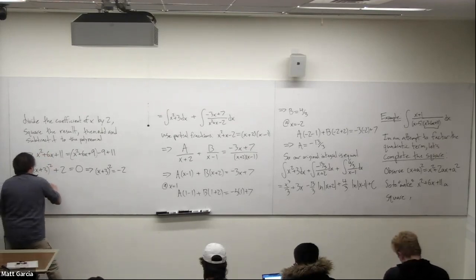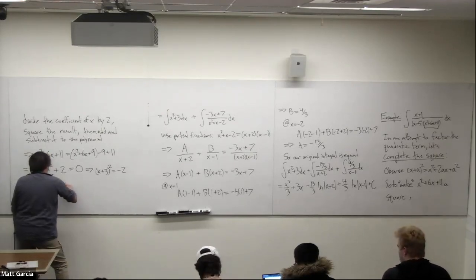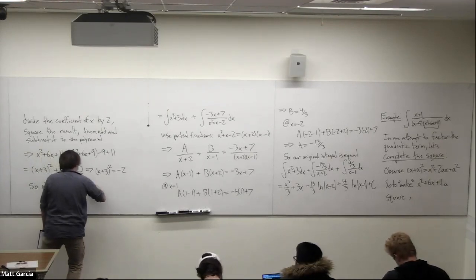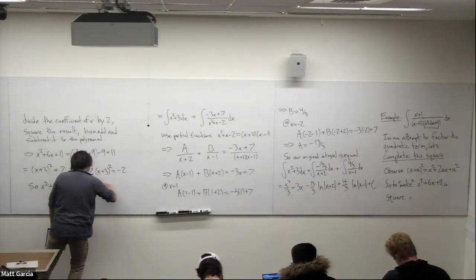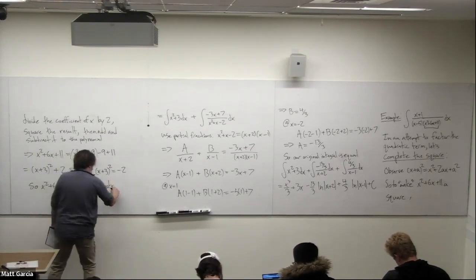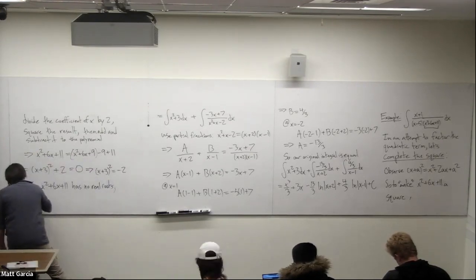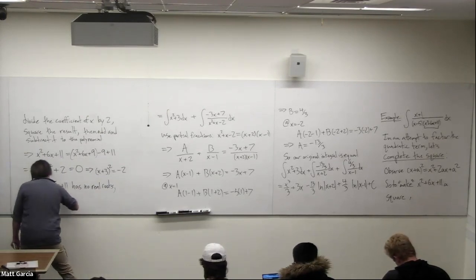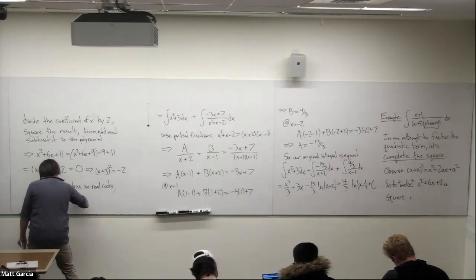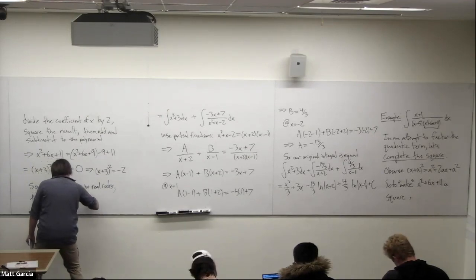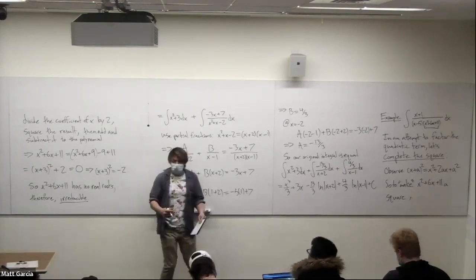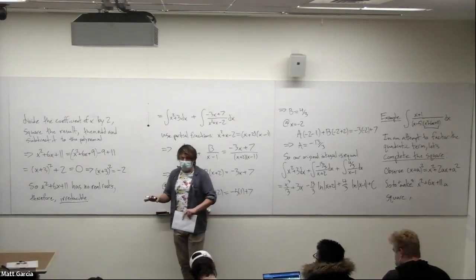So x squared plus 6x plus 11 has no real roots. Therefore, it's what we call irreducible. That is to say, we can't factor it. It's already in its lowest terms.